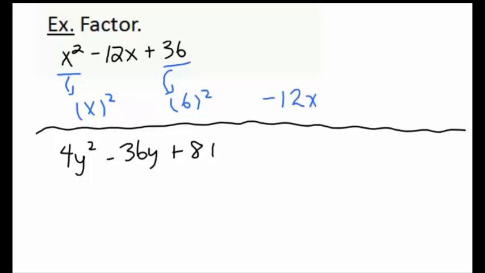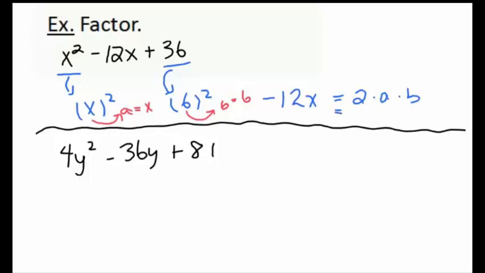In this case, our value of a must be equal to x, and our value of b must be equal to 6. And we can use these values to try to see if they line up with our middle term. So our middle term of negative 12x must be of the form 2 times a times b.